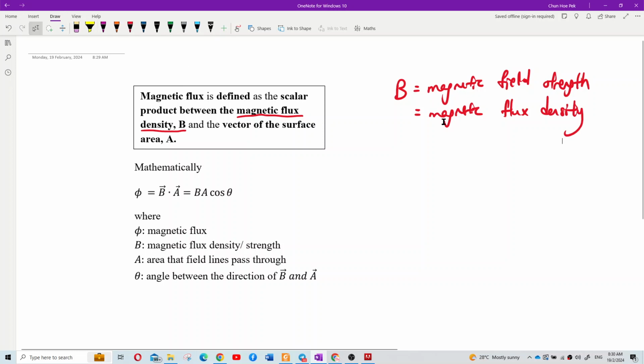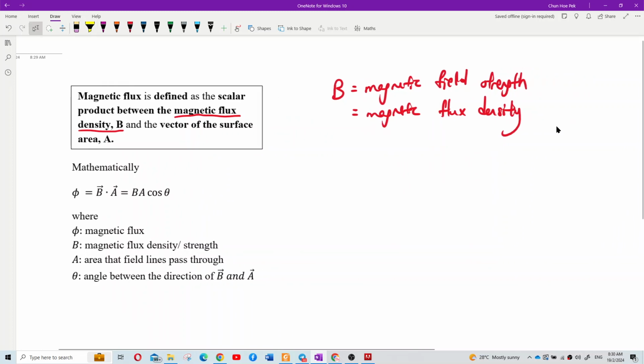So magnetic flux density and magnetic field strength are the same. Sometimes we call it magnetic flux density, sometimes magnetic flux intensity. Sometimes we call it density, sometimes intensity. So magnetic field strength has another name, magnetic flux density.